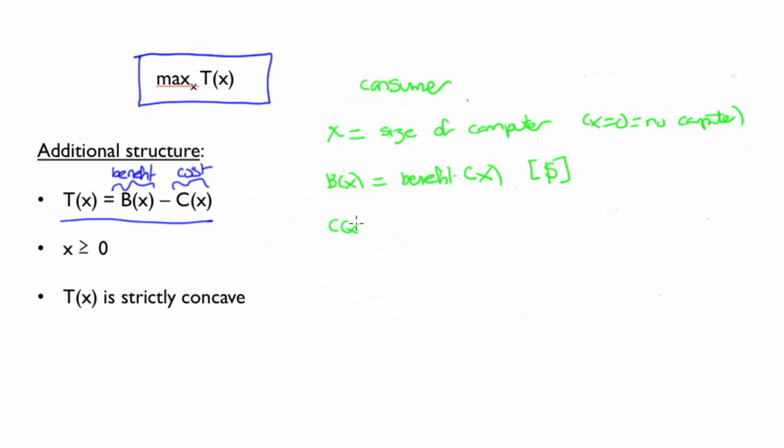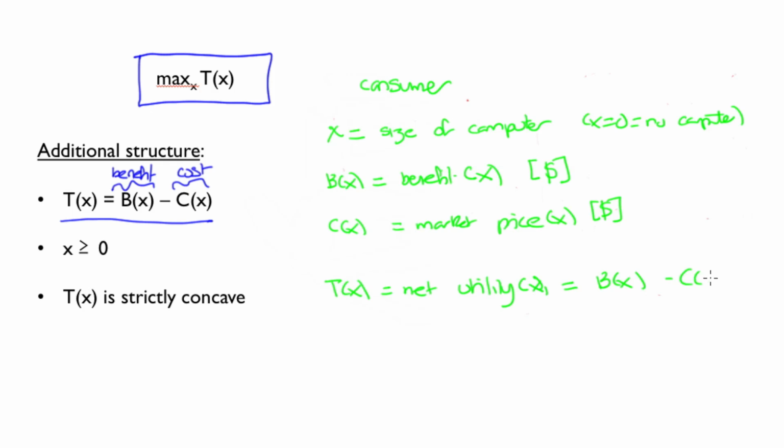C of x is the cost or the market price of that amount of computing, again measured in dollars, and you can think of t of x as the net utility for the consumer of buying x, again given by the benefit minus the cost and measured in dollars.